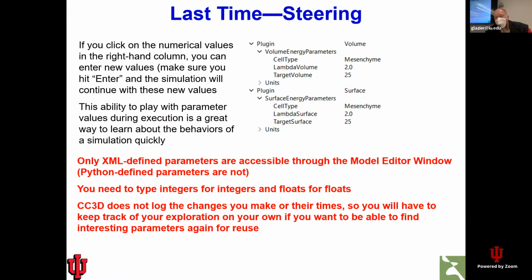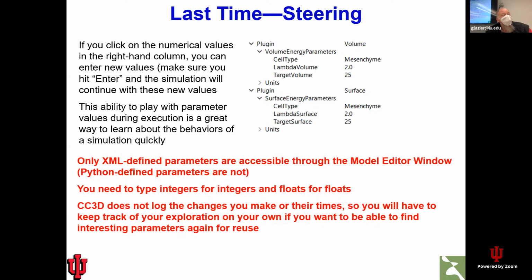Okay. Last time we also talked about steering while a simulation is running. If the parameters are specified in the XML, then we can change the values on the fly as they run. When we get to Python specification, we're also going to find that we can change the values on the fly as the simulation runs, but it's a little bit different how we do it.